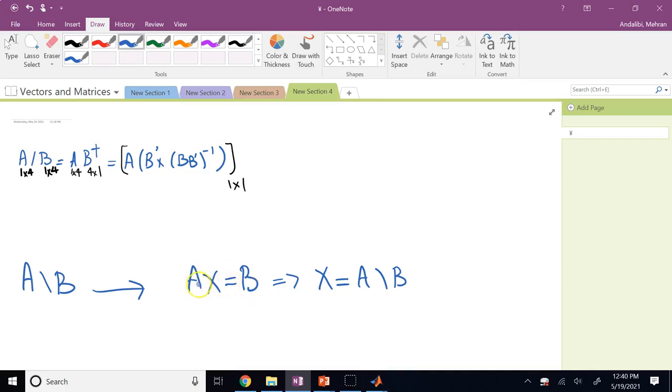If determinant of A is zero, then there is no solution. Okay, so you have three different scenarios: no solution, infinite solution, unique solution, and that unique solution could be all zeros or non-zeros. Unique solution only exists when this A is a square matrix with non-zero determinant.